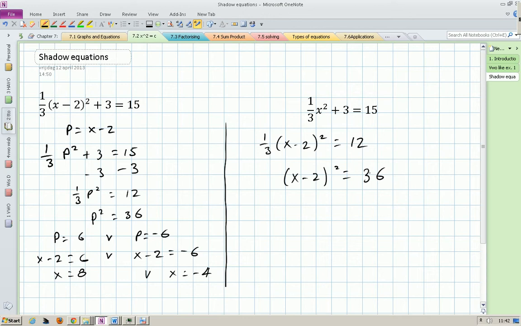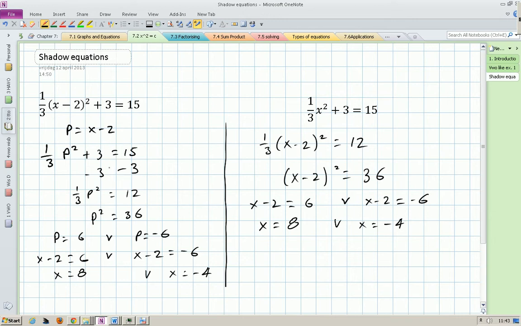And now I'm going to take the square root of both sides, making sure that I see that that gives two possibilities. I've got x minus 2 is equal to 6, or x minus 2 is equal to minus 6. And that gives, of course, the same result. We've got x is equal to 8, or x is equal to minus 4.